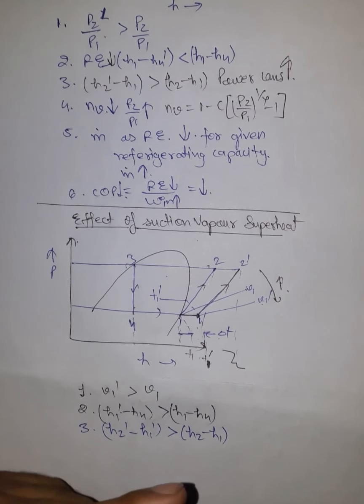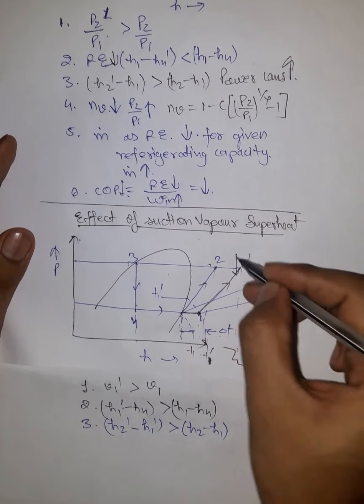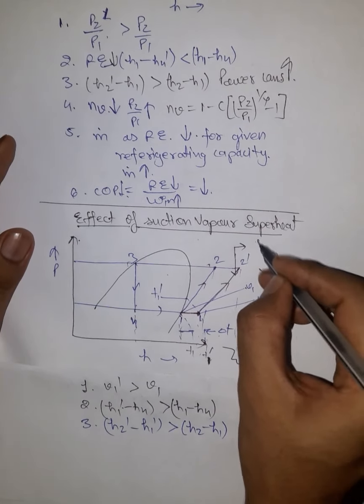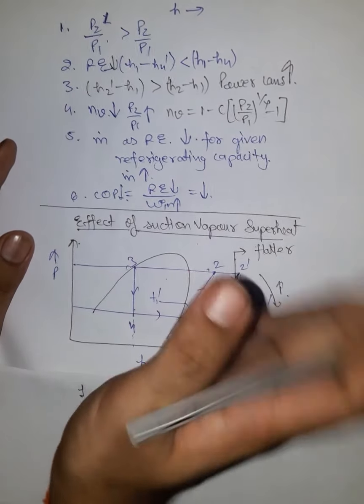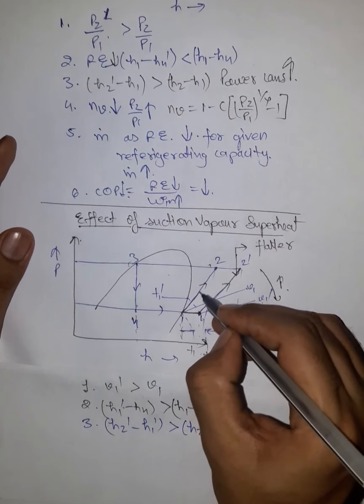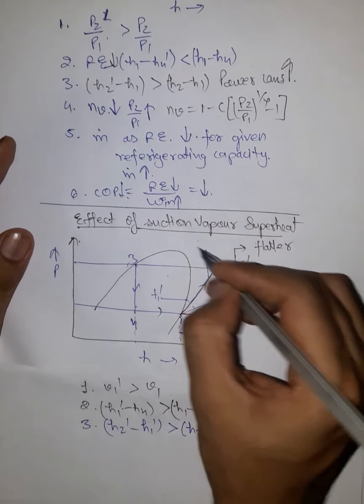To keep this in mind, you can see that this line is somewhat flatter, meaning somewhat tilted towards this side, whereas this line is somewhat steeper.